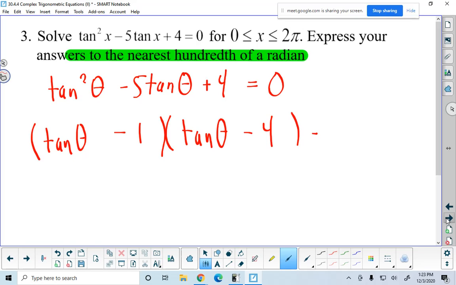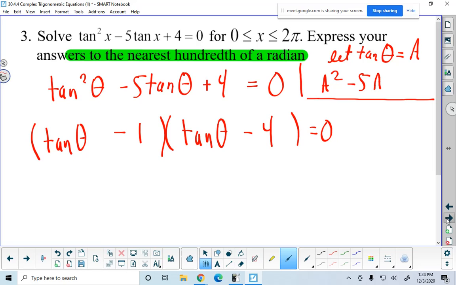So if that is confusing to you, then what you would do is you would let tan of theta equal something, I'm going to call it a this time, and your equation would become a squared minus 5a plus 4 equals 0, and it would factor into a minus 1, a minus 4.